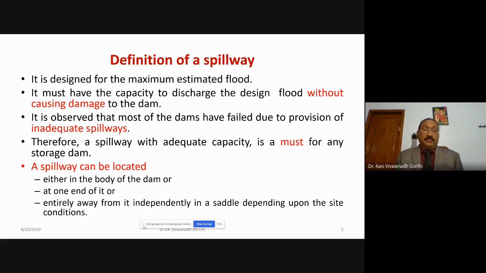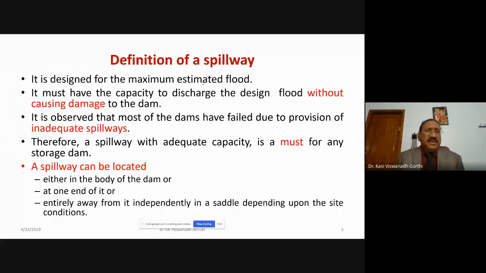So for this maximum estimated flood, the spillway is to be designed. That means when you open the gates, all this maximum flood which is coming must be safely disposed to the downstream portion over and above the maximum water level. It must have the capacity to discharge the design flood without causing damage to the dam.